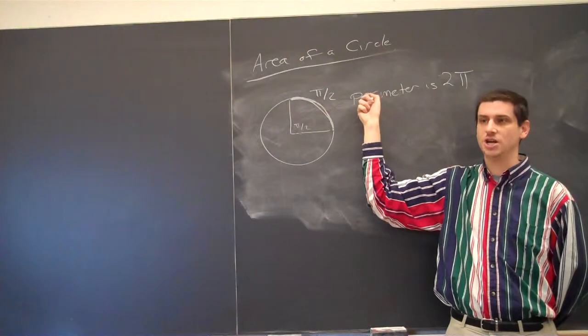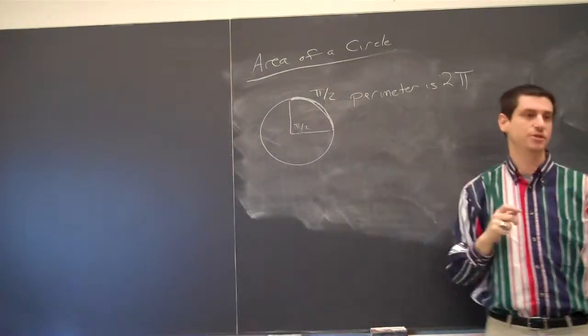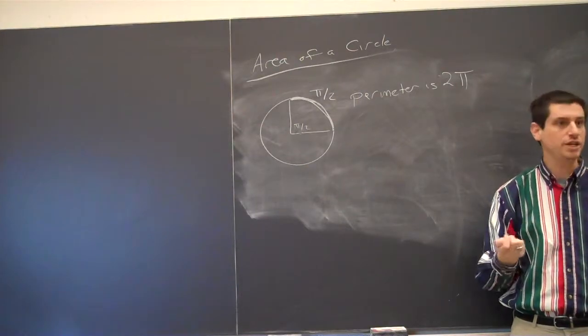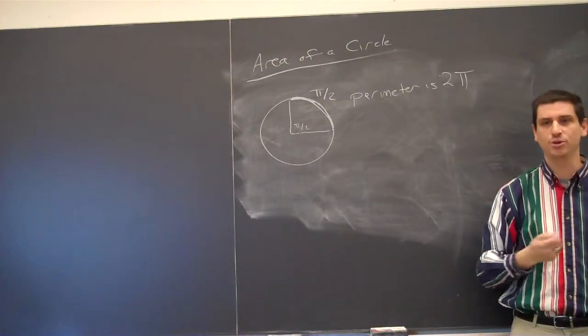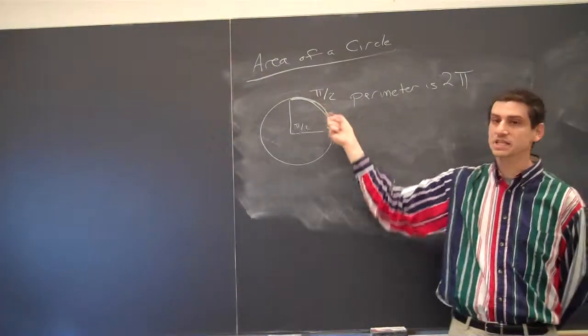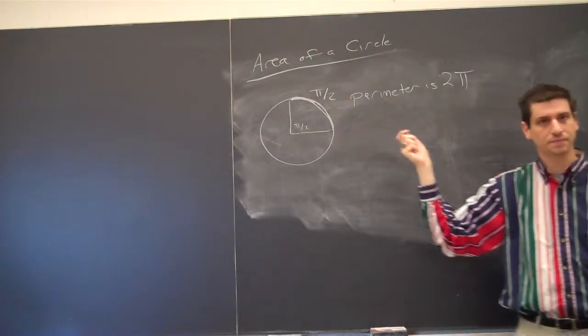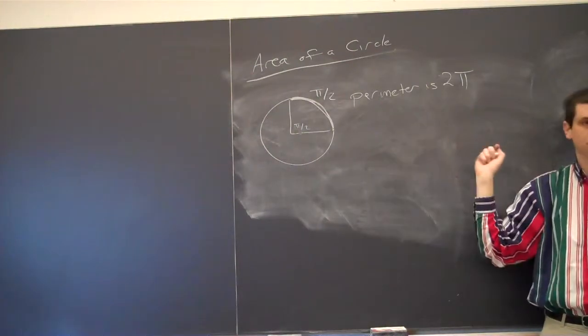If you had a circle of radius r, it would be r times pi over 2. Again, if you use degrees, it's not a big deal, but you have to put in a conversion factor. This is the nice thing about radians. Any questions about this?